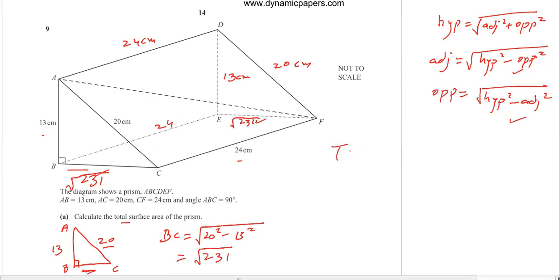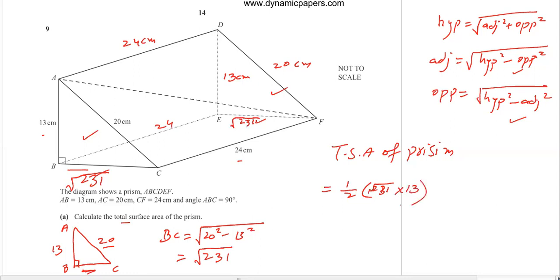Now what will the total surface area of the prism be? We have this and this the same. So for these two triangles, how do we find the area of the triangle? The area of the triangle is 1/2 base multiplied by height. This is base, this is height. It means root 231 multiplied by the height.